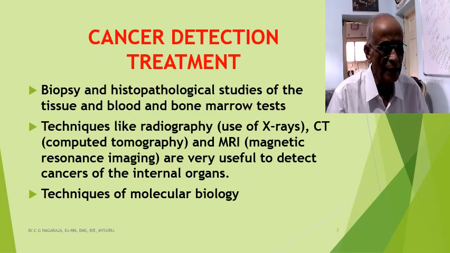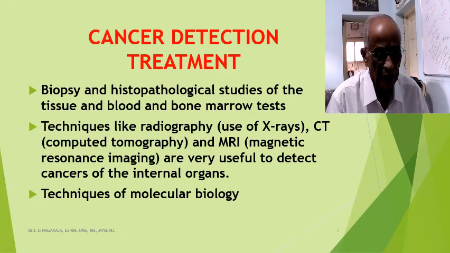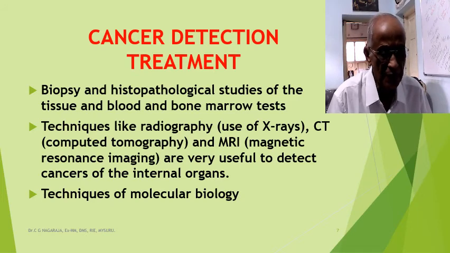Now we will have a brief idea about how cancer is detected and treatment is possible. Cancer is detected by taking a small piece of tissue from the cancerous or suspected area, and its biopsy is done.